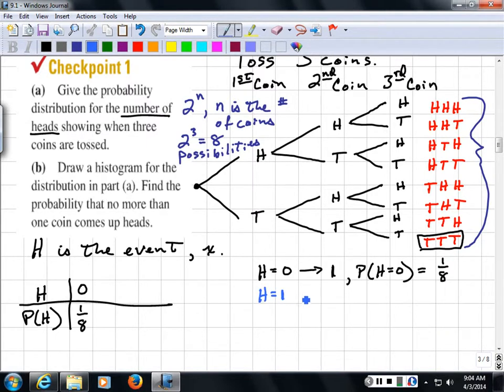Okay? How many of those exist? There are 3 of them, right? So there are 3 possibilities. So the probability that H is equal to 1 is going to be 3 out of 8. Okay?